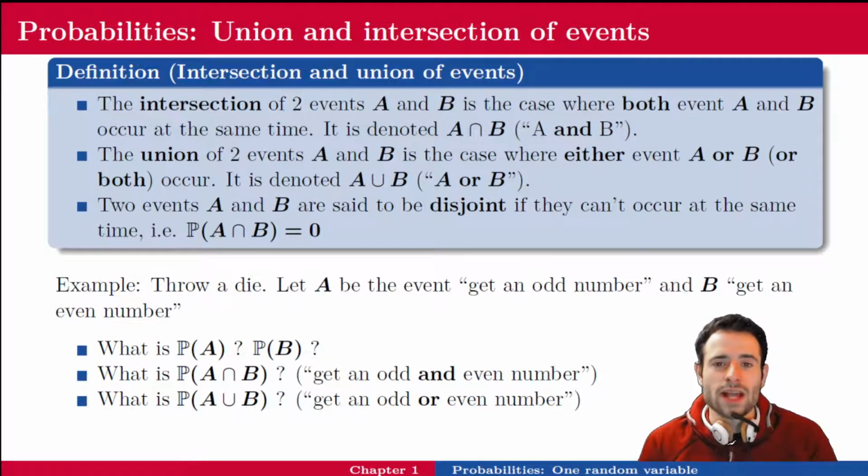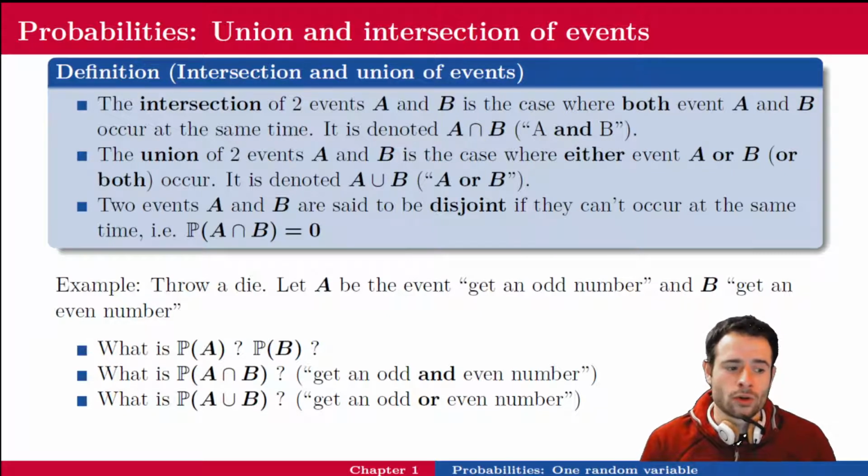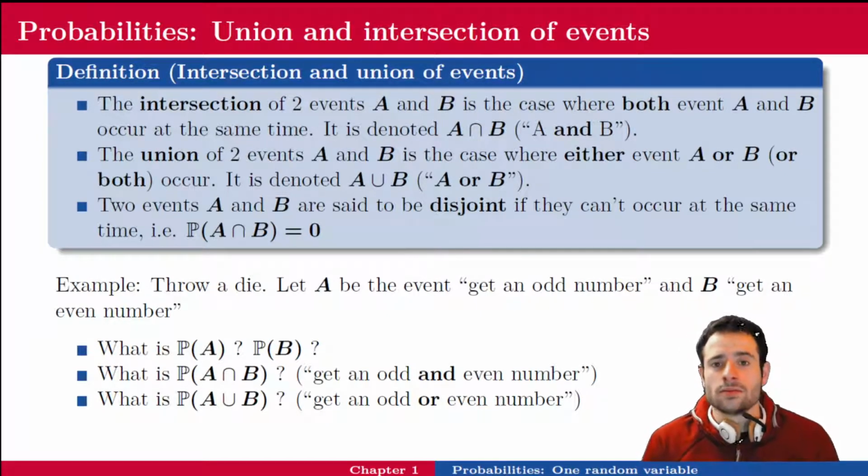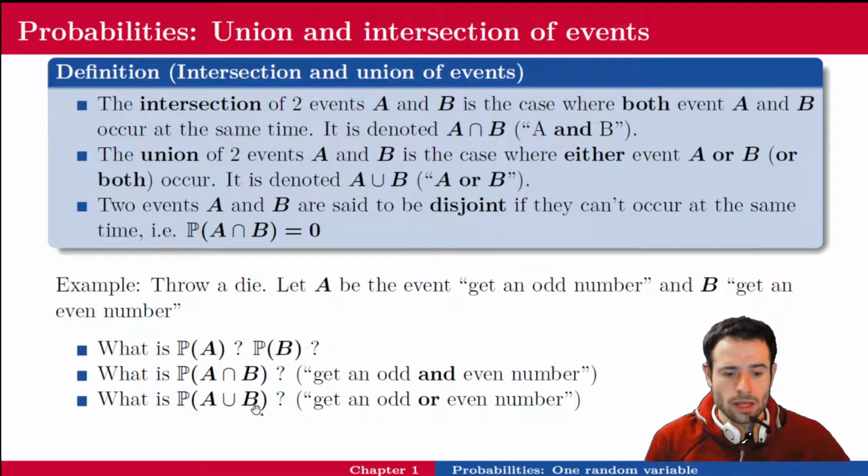So whatever number you get, you either get an odd number or an even number, and so A will happen, or B will happen. But one of them will always happen. So the probability of A or B is actually equal to 1. There is a 100% chance that we will get an even number or an odd number.